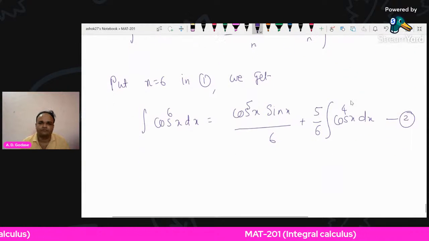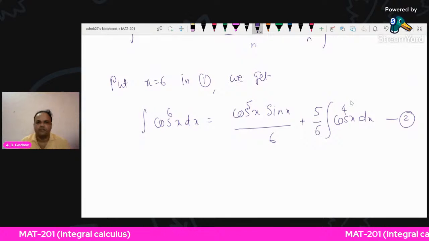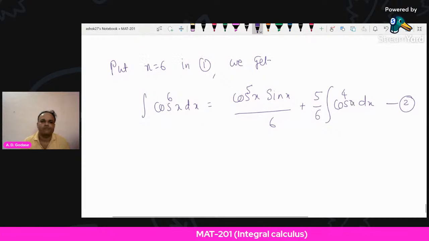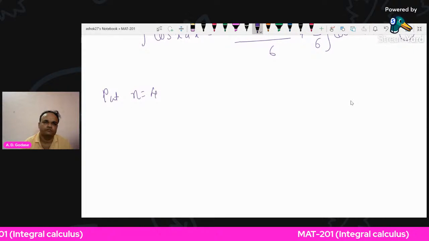So again, you can find this integration, that is integration of cos raised to 4x dx, using the same reduction formula, but you have to put here n equal to 4. So that will imply, again put n equal to 4 in 1.